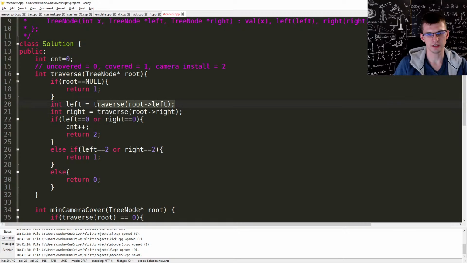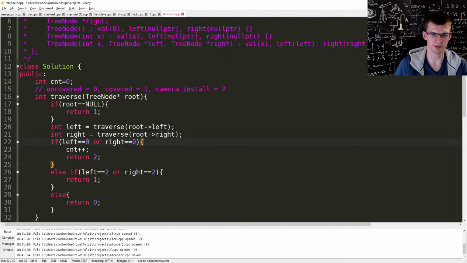It runs DFS. First, when I analyze any code, I don't care about base cases, like here, this being null. So let's for a moment not think about it. We run DFS for the left child, for the right child. We have some two values. We do something special if they are 0, or actually, okay.